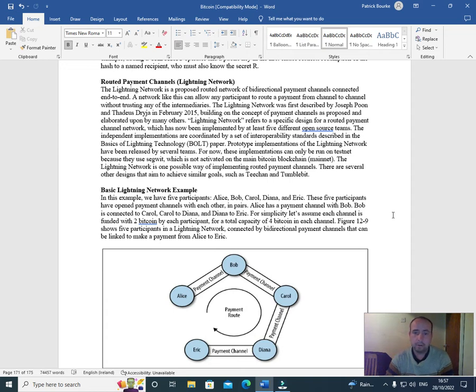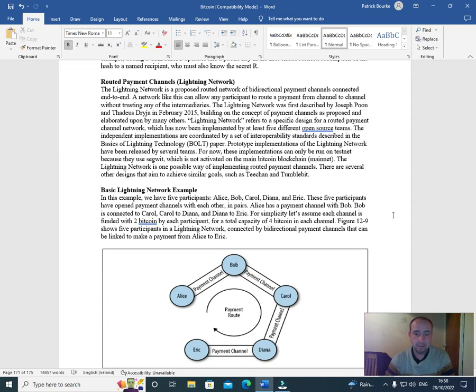Lightning Network refers to a specific design for a routed payment channel which has now been implemented by at least 5 different open source teams. The independent implementations are coordinated by a set of interoperability standards described in the Basics of Lightning Technology, BOLT, paper. Prototype implementations of the Lightning Network have been released by several teams.